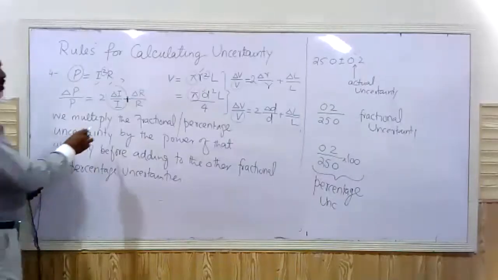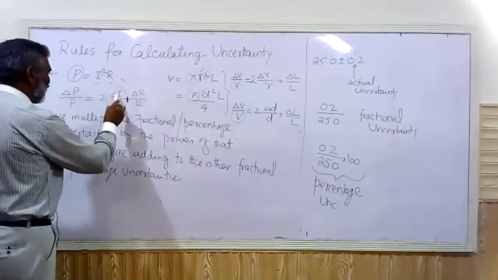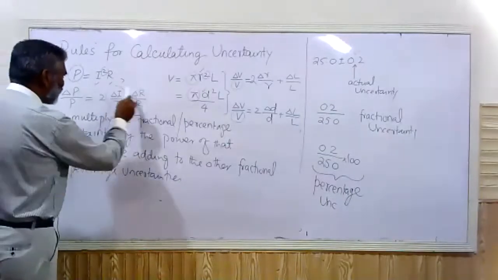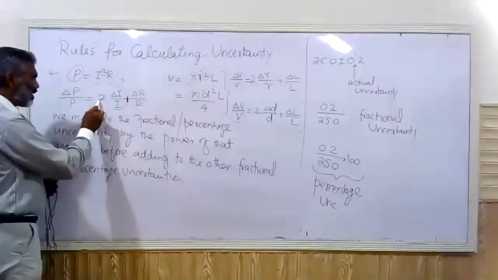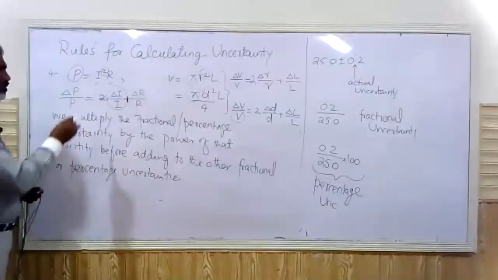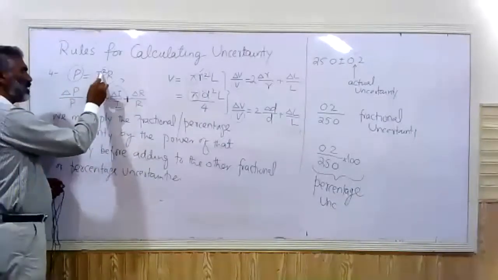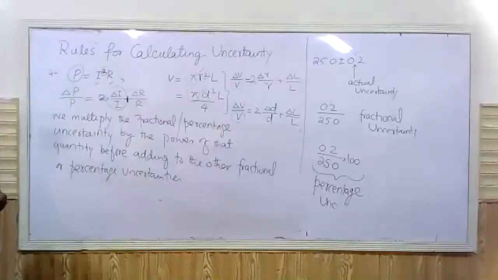So before I add this delta I over I to delta R over R, I have multiplied it by 2. By 2 because it has appeared as power of I.